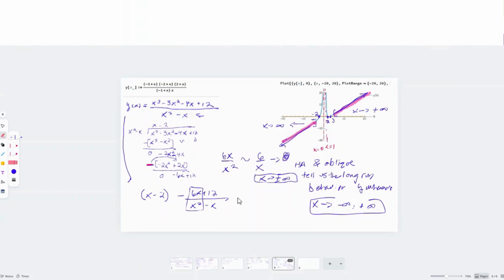So this becomes approximately the oblique asymptote x minus 2, and it really switches on somewhere around negative 2 to negative infinity, as well as somewhere toward like 3 to positive infinity. And you really don't have to write any of this down, but at least it gives the user the idea that, hey, this is the long run behavior. Does that make sense? Yeah.